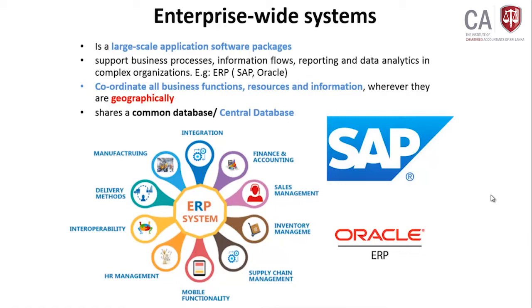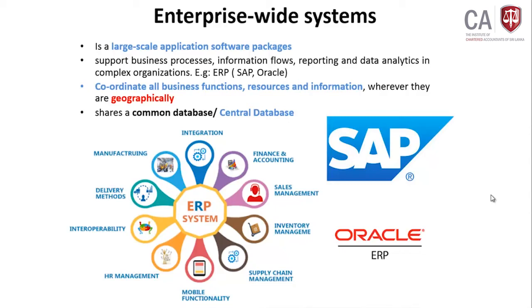It supports all the business processes and does the analytics, coordinates with all the business functions of the organization, collects all the information and uses the resources. It does not matter where it is located, geographically it has no limit. So they can reach systems even from Colombo to Kandy instantly.